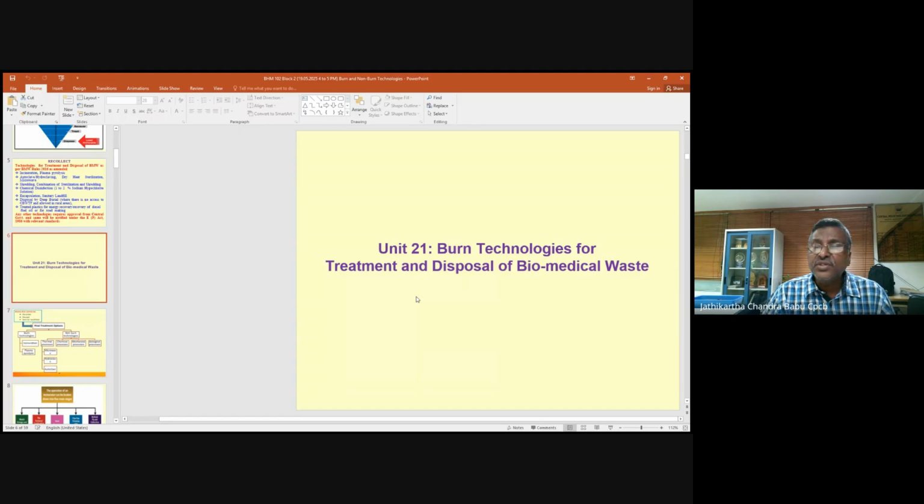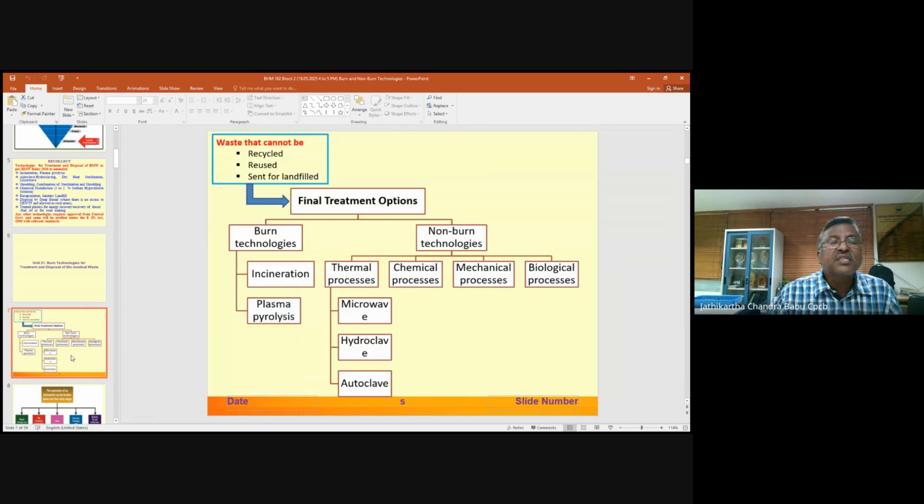The technologies which are required for the hospitals and healthcare staff we have already discussed, but still we will have a reminder. Any waste which cannot be recycled or reused or sent for landfill can be treated using two kinds of technologies: burn technologies and non-burn technologies.